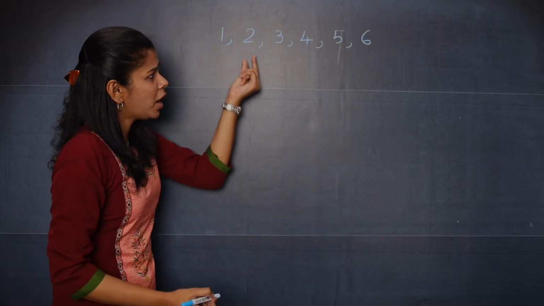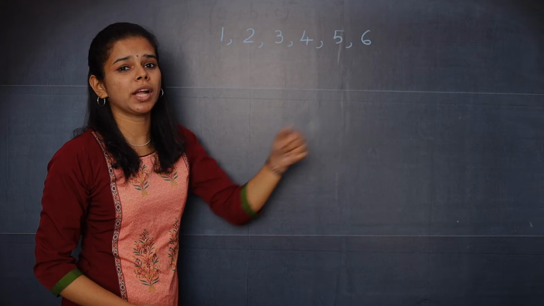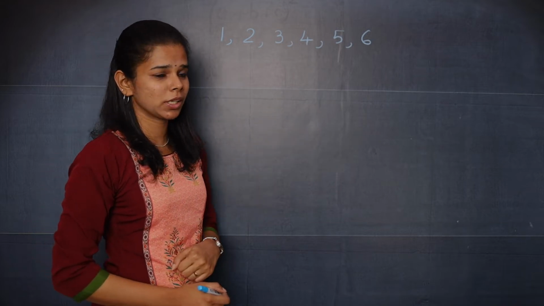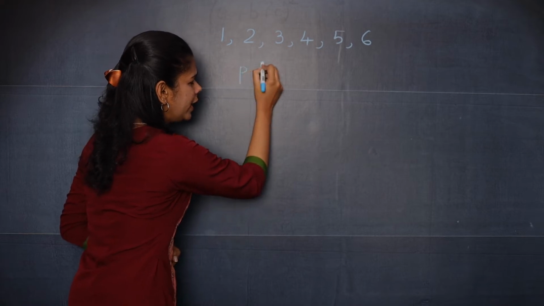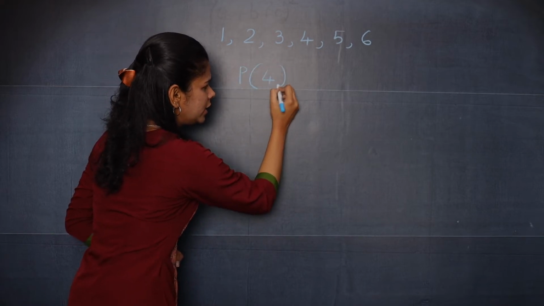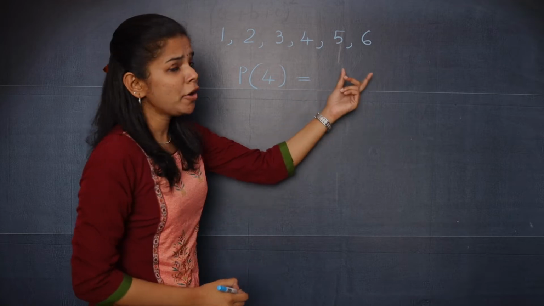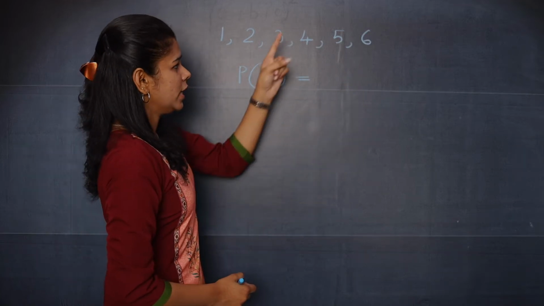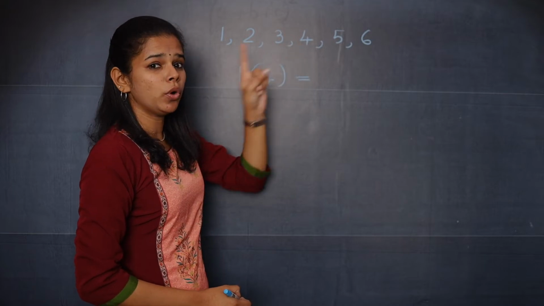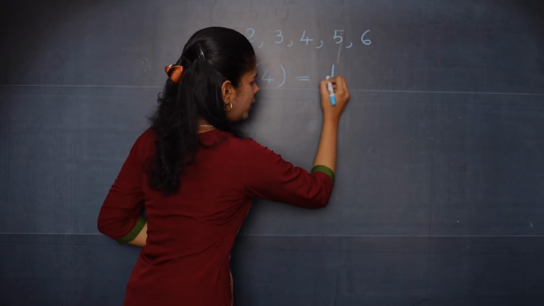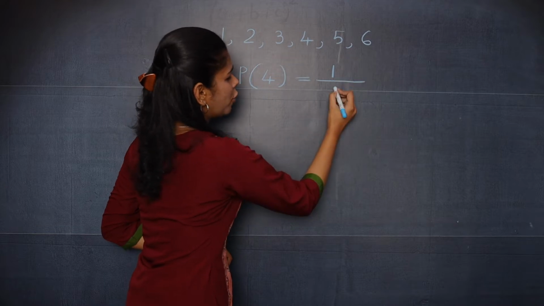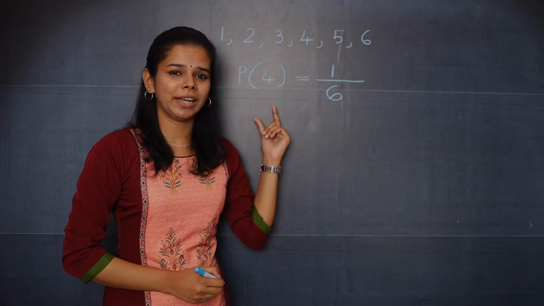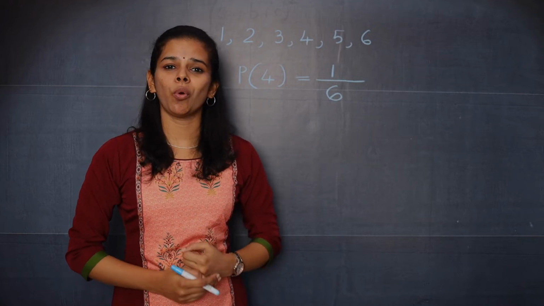Each number has equal chances to occur, so all these are equally likely outcomes. So the probability of getting the number 4 is equal to the number of favorable outcomes divided by the total number of outcomes. Here the favorable outcome is only 1, and the total number of outcomes is 6. So 1 by 6 is the probability of getting the number 4 when you roll a dice.